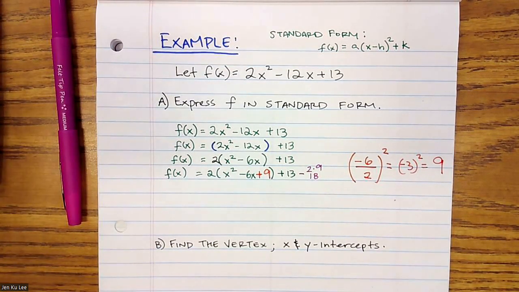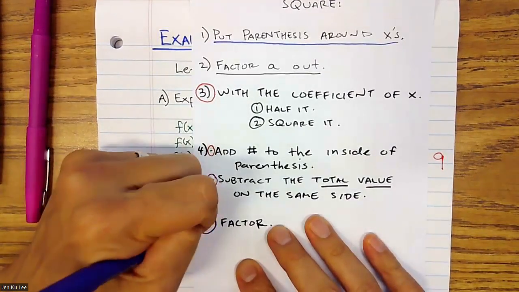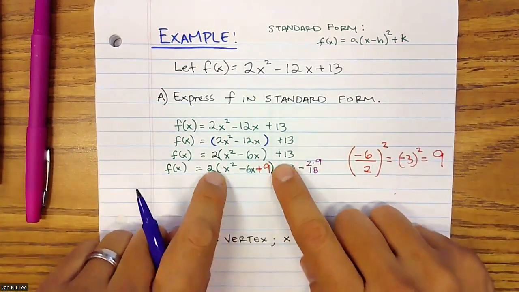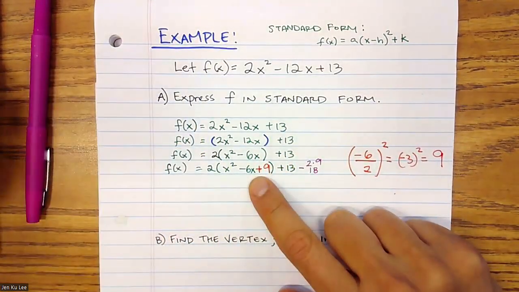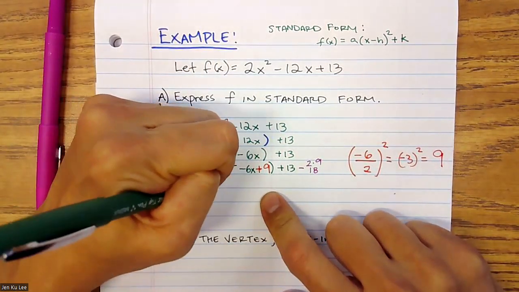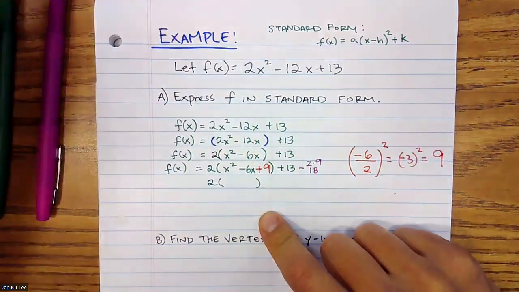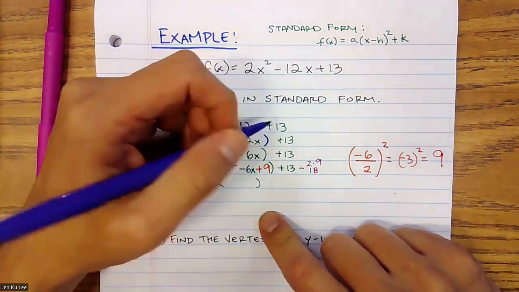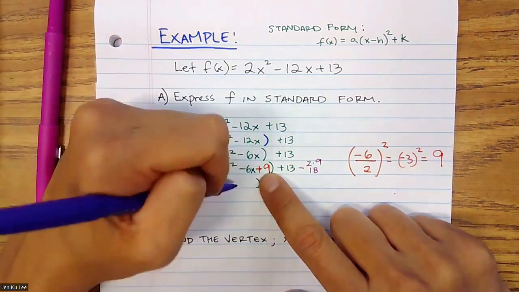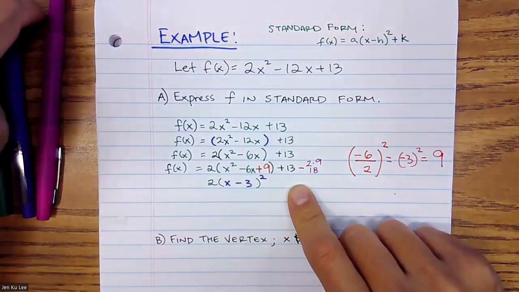And then my last step here, step 5, I'm going to factor it out. So factor out what's inside here. If you do not know the special form, then you can factor it out however you wish. Okay. But if you factor it out, it's going to be x minus 3 times x minus 3, or x minus 3 quantity squared.